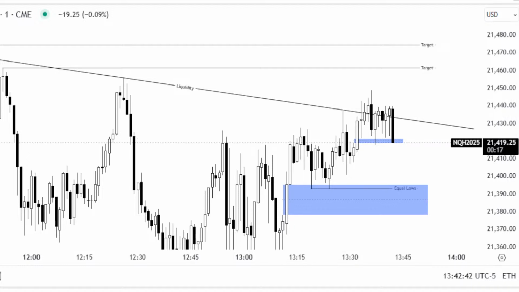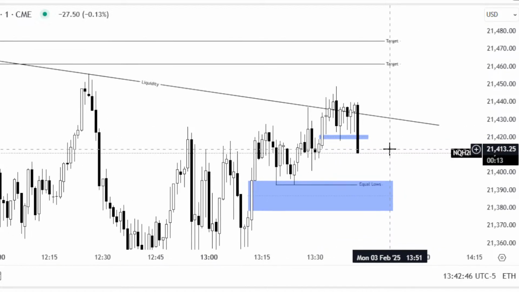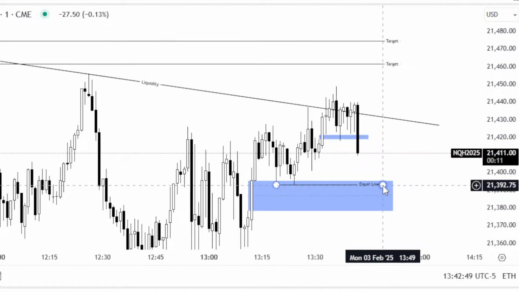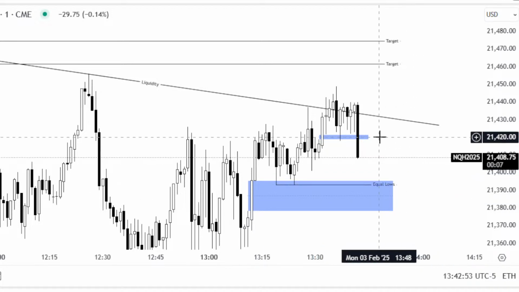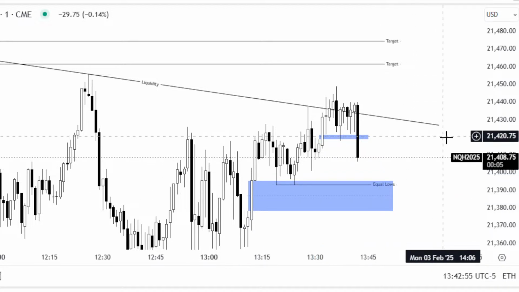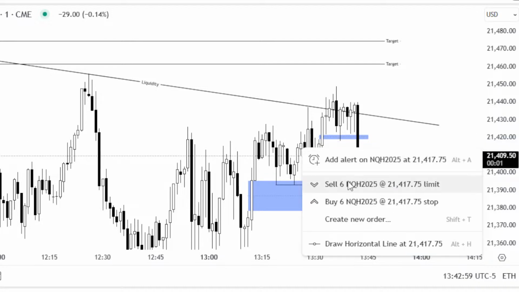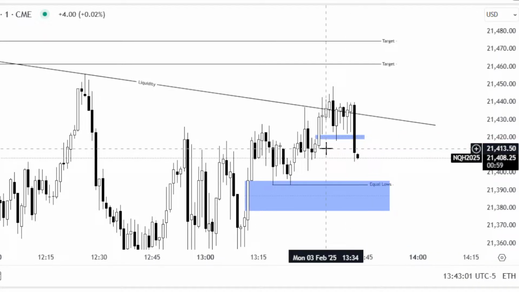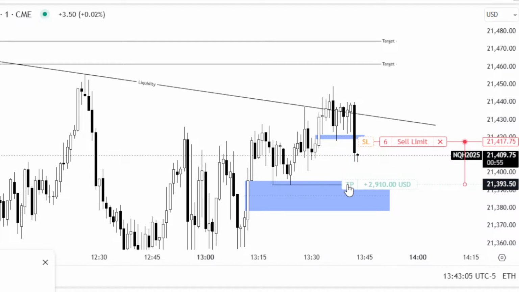See, now we see some aggressive move down to these equal lows. I mean, I probably would want to see some sell in here.